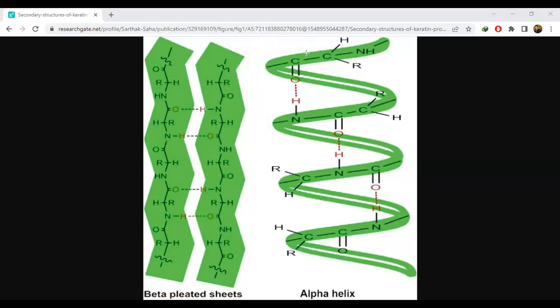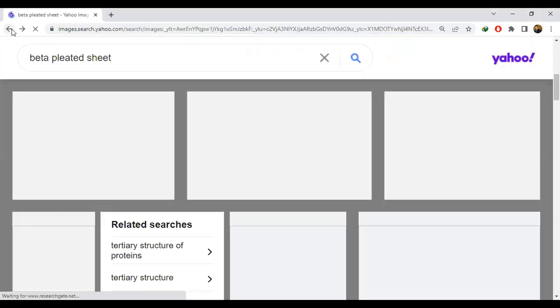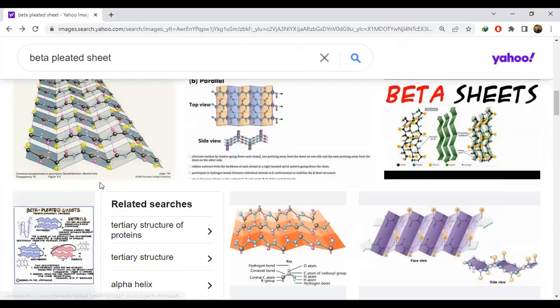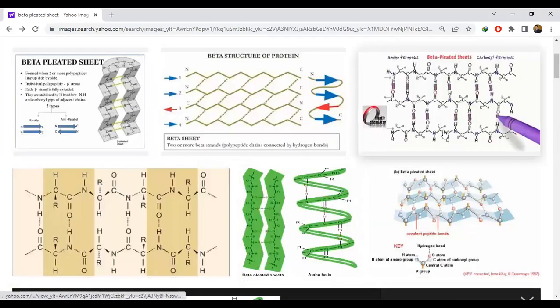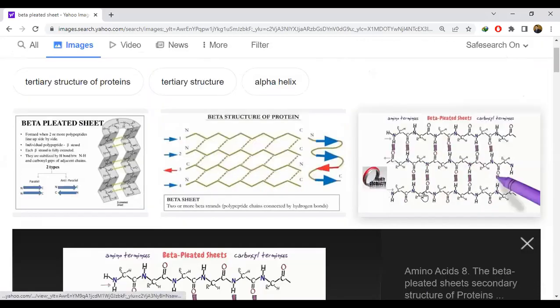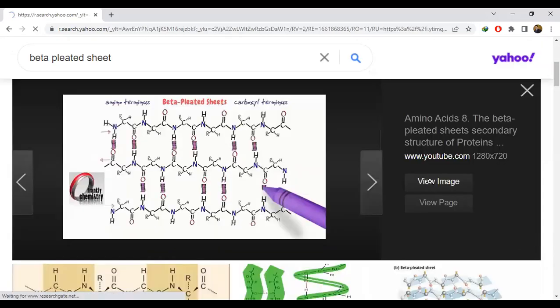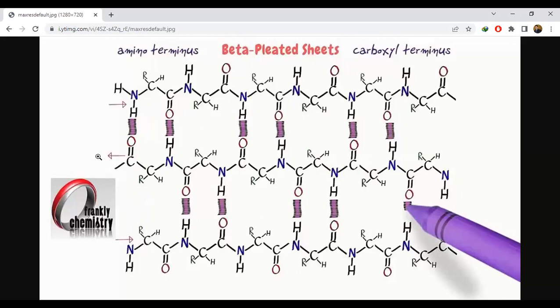To keep this structure, to maintain this structure, there will be hydrogen bonds. Which bonds are there? Hydrogen bonds are there. The purple color points are given. They are hydrogen bonds. Hydrogen bonds are created here between hydrogen and oxygen.